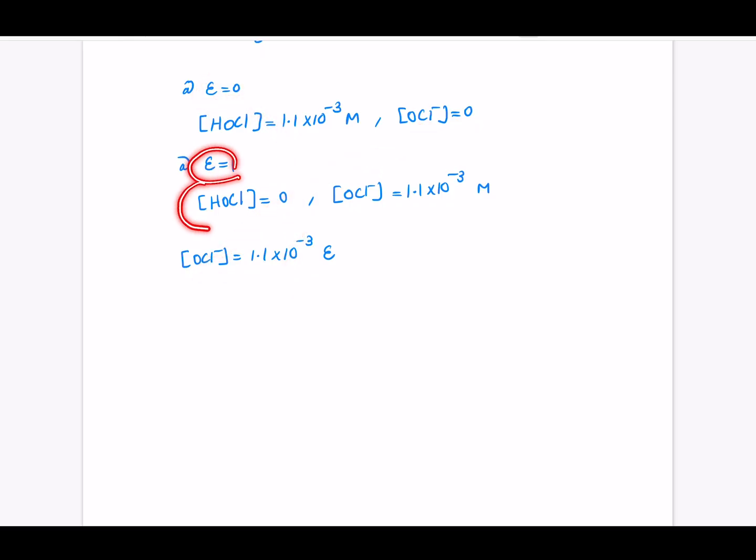Epsilon is equal to 1, put it here, then the OCl minus would be 1.1 × 10 to the minus 3, which would be the case also here. And similarly, we can say HOCl is 1.1 × 10 to the minus 3 times 1 minus epsilon. So the other side, exactly opposite.